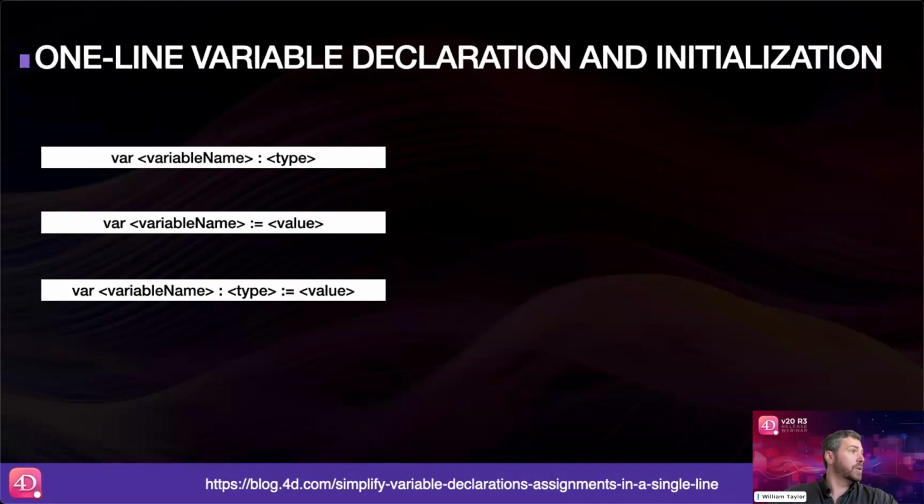You can do this by yourself, by doing var, variable name, type, and then setting the value, or you can let the compiler do that for you. In the var variable name equals value form, the type is omitted, and that's going to be determined by the compiler or the interpreter based on the provided value.